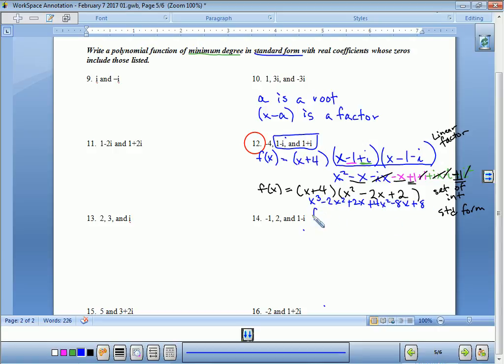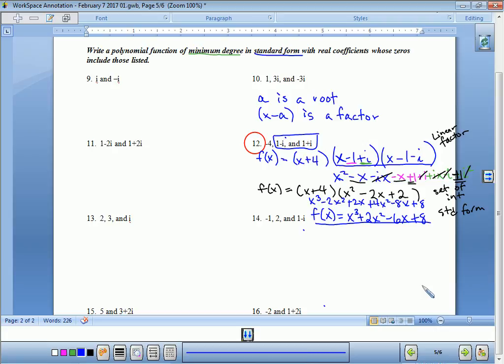And our final step would be to just combine any like terms we might have. So it's x cubed. We have a negative 2x squared and a positive 4x squared, which makes a positive 2x squared. Then we have a positive 2x and a negative 8x, which makes a negative 6x. And then finally, we just have the 8. And that is standard form.